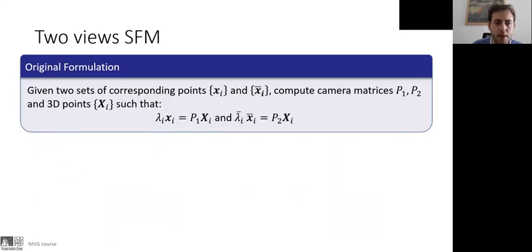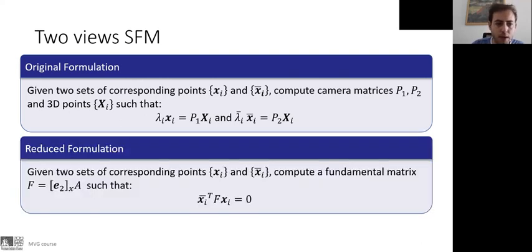And mathematically, we formulate the problem as follows. Given two sets of corresponding points, xi and xi bar, we want to compute camera matrices P1 and P2 and the 3D points set of capital Xi, such that the 3D points are projected to the corresponding 2D points with the camera matrices that we output.